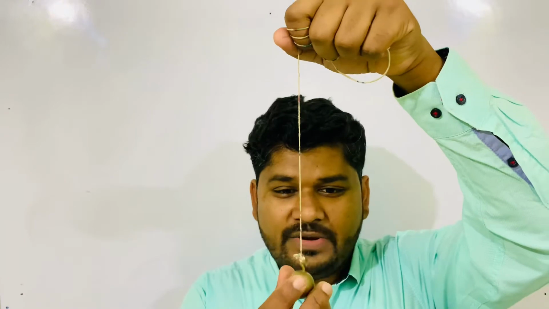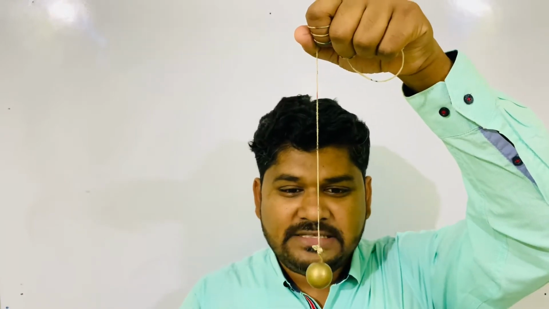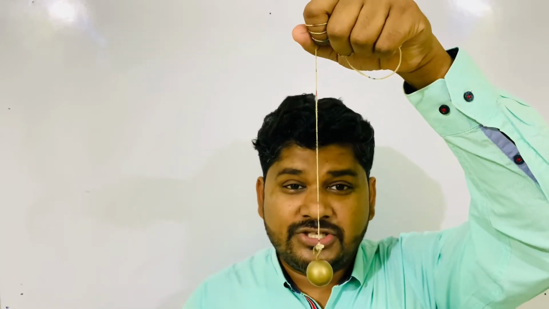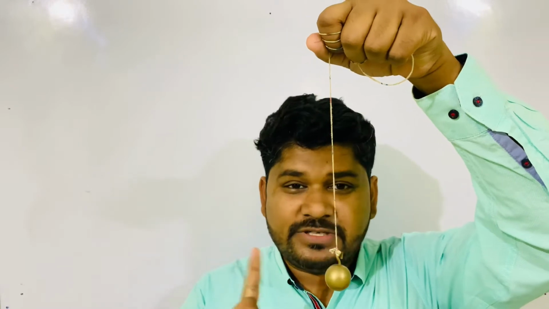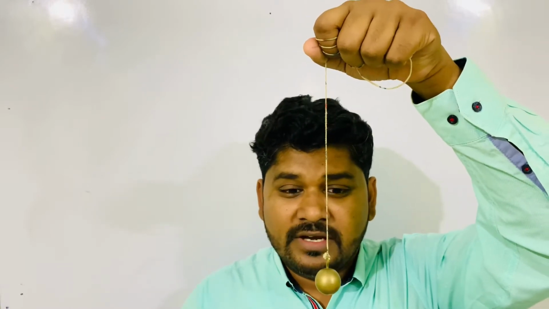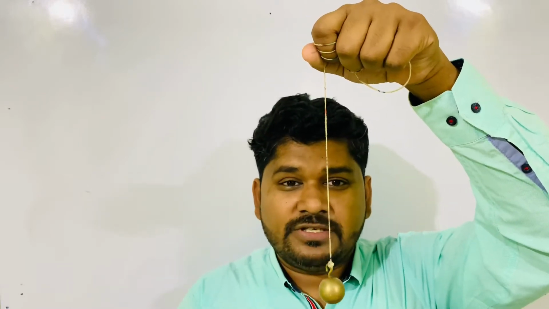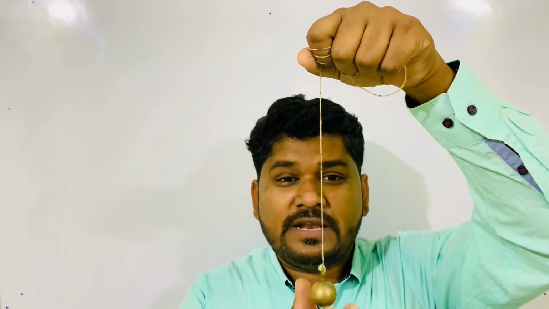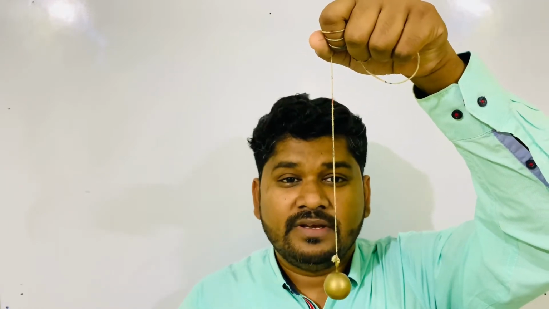What is the format? From the equilibrium position, remember, the pendulum is now in its equilibrium position, which means the net force on the pendulum is 0. The pendulum is not executing any type of motion. From the equilibrium position, you just displace the body a little.